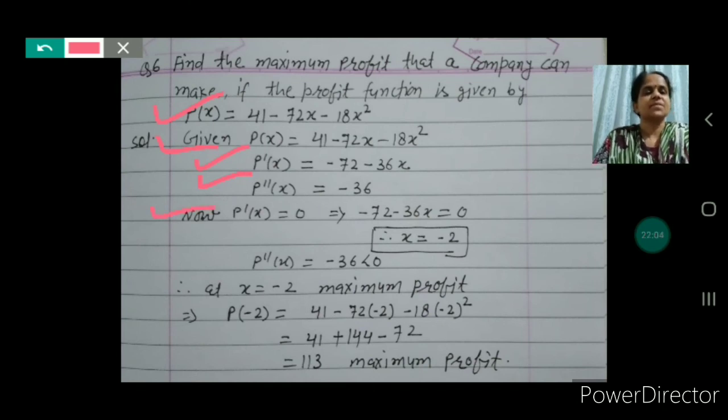Third step, P'(x) = 0. First order derivative is equal to 0 and find the value of x. You will get x = -2. And now substitute this value in P''(x), but here P''(x) is only -36. It is already negative, less than 0.